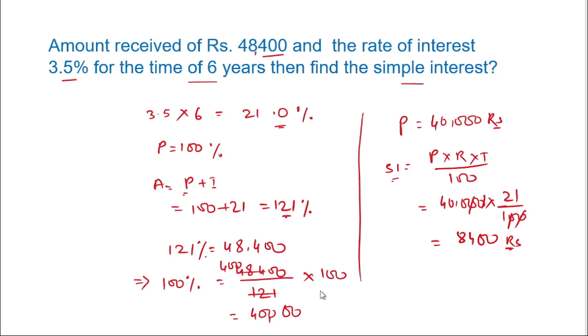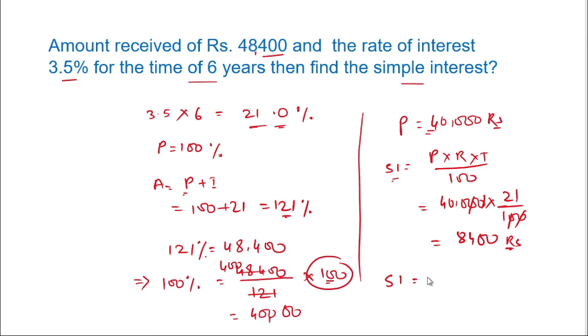So friends, here we have used the value of 100 for taking out the principal. If we put the rate of interest value directly, then we can get the value of simple interest also. Now we will put 21 in place of 100.